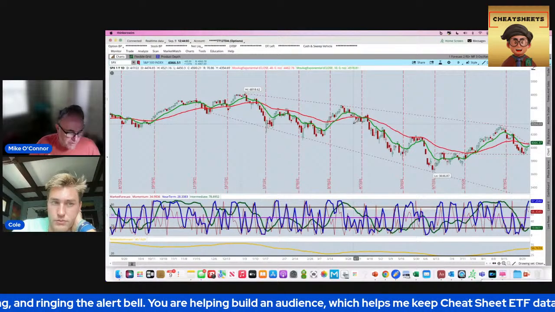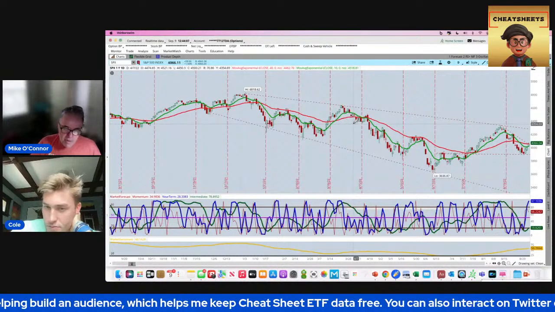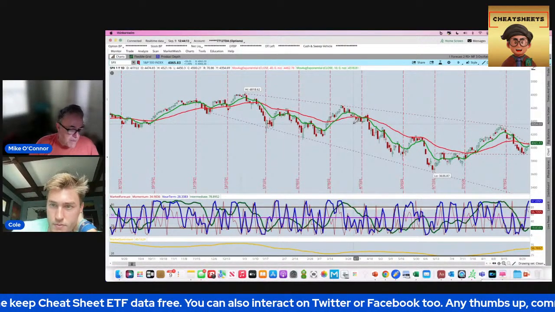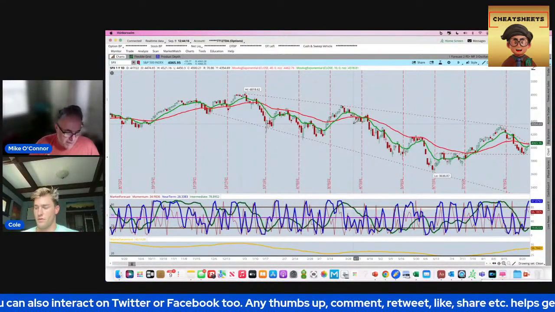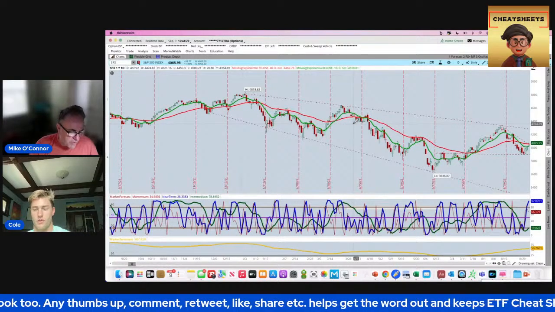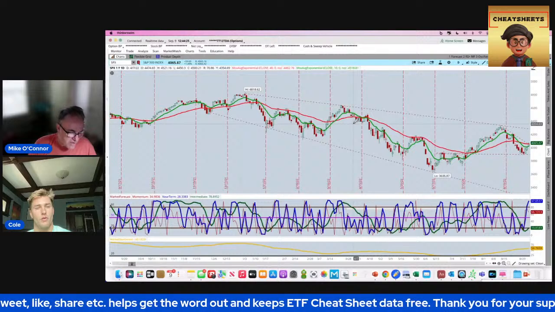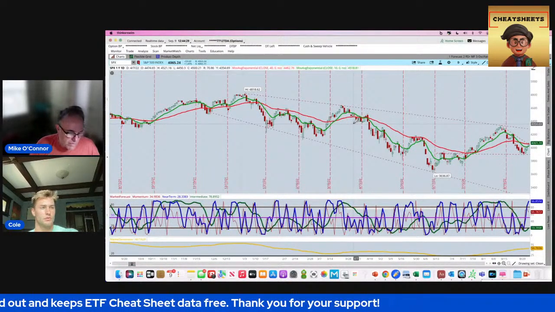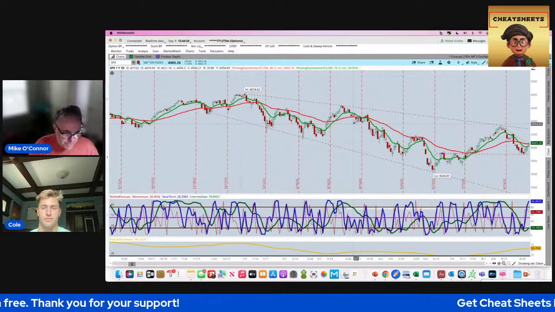But the more times you flip the coin and it comes up heads, the statistical probability of 10 coin flips in a row coming up heads, that's really hard to do. Would you agree? Yes.